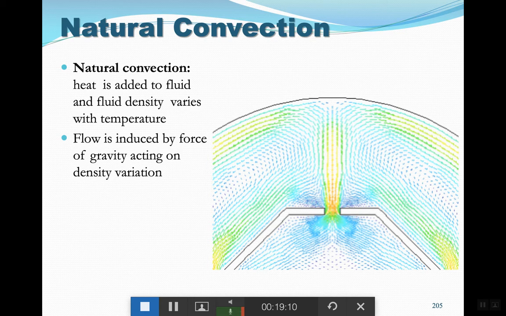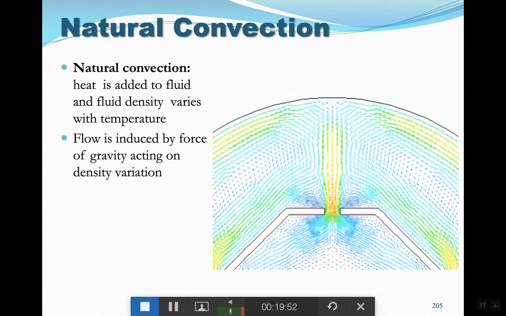The answer is, when you create a temperature gradient inside a flow, inside the fluid, for example somewhere is at 80 degrees Celsius, the other places are at 20 degrees Celsius. And we all know that the density of the fluid is dependent on temperature, meaning as you increase the temperature, the density goes down. As you decrease the temperature, density goes up.